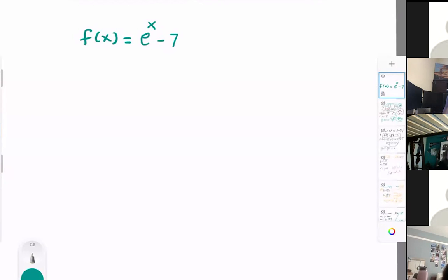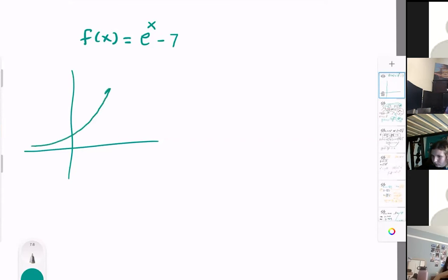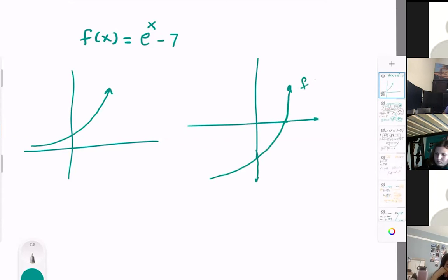One way is graphing, correct? You should be able to have some idea how the graph looks. E to power of x is like this, correct? E to power x minus 7, you're going to shift it 7 units down, so it will be something like that. This is going to be f of x.